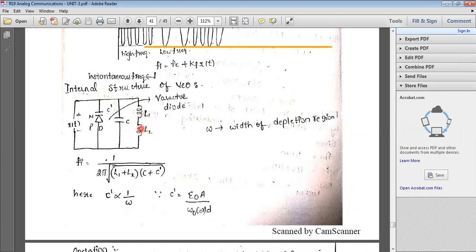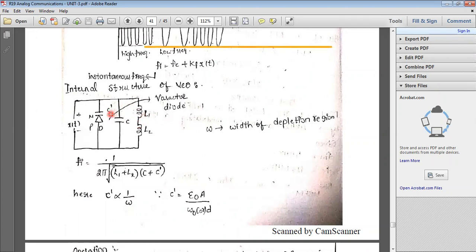Here we have two inductors, L1 and L2, in parallel with the capacitance C. So totally this L1, L2 and C combination is considered as a tank circuit. By changing these values, that is L1, L2 and C, the instantaneous frequency changes.